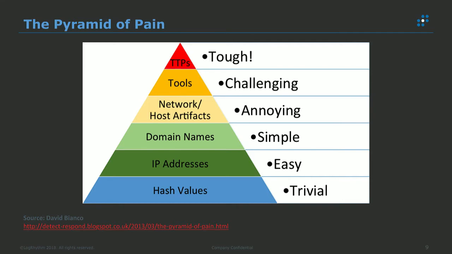But the whole idea and usefulness of this graphic is that if you can prevent or at least try to stop the artifacts at the higher end of the pyramid, then it's essentially going to make the repetitiveness of their efforts to get into your network much more difficult.